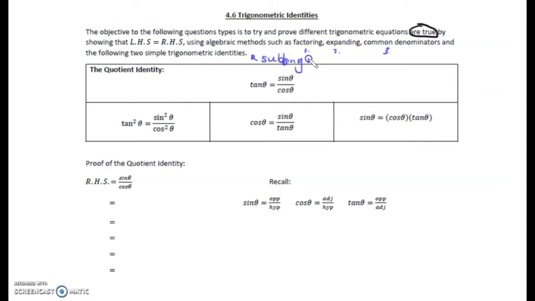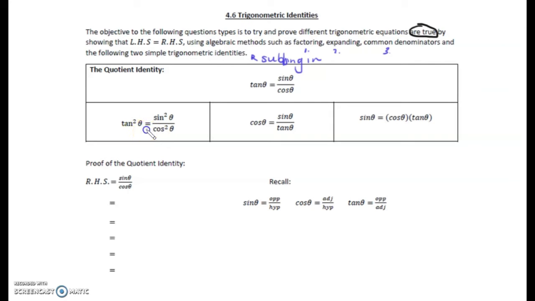Subbing in. There is something called the quotient identity, and that one is tan theta equals sine theta over cos theta. Likewise, tan squared theta is sine squared theta over cos squared theta.